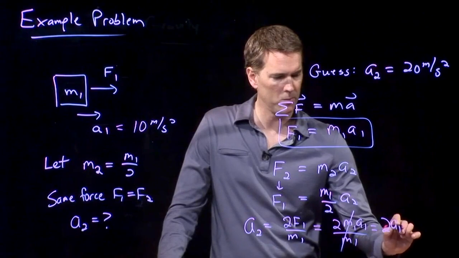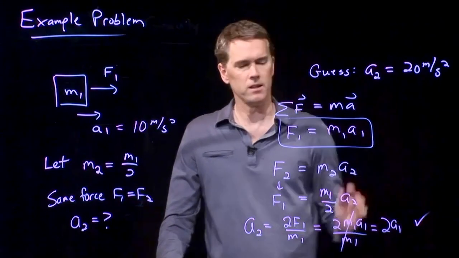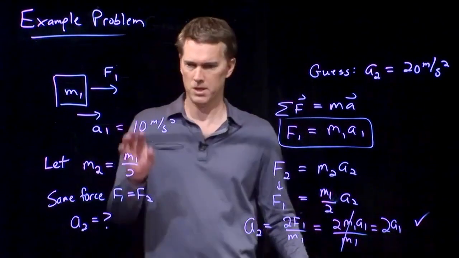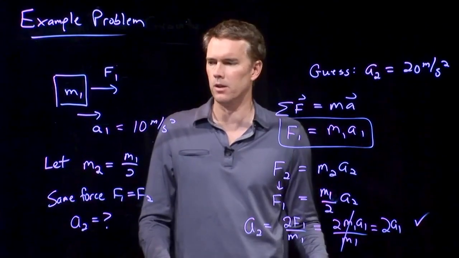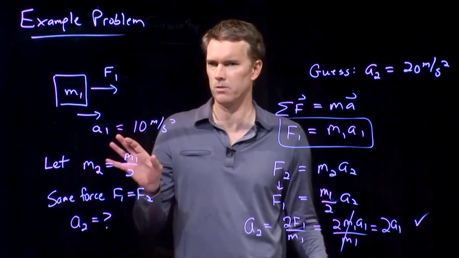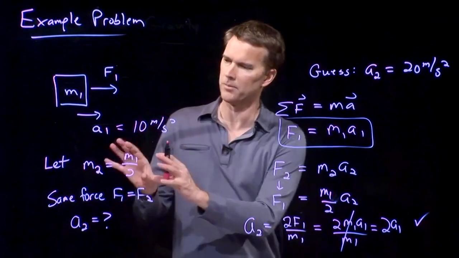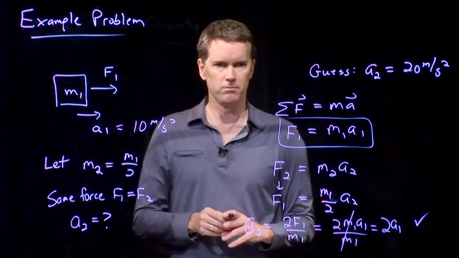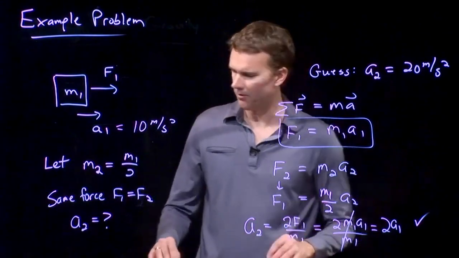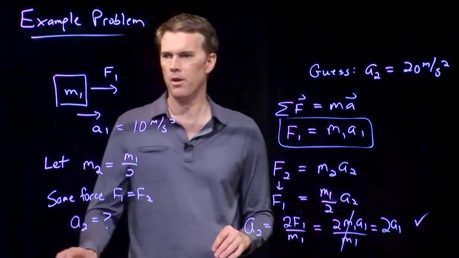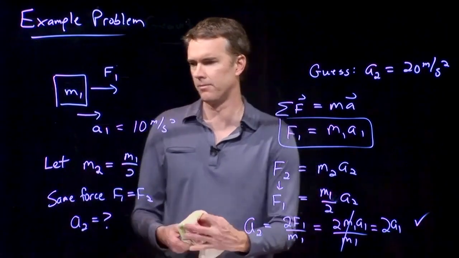I get 2A1, and that is exactly what we guessed. It shouldn't be 10 meters per second squared. It should be 20 meters per second squared. Good. So our guess was right on the money, and our intuition was correct. If you're pushing something lighter, it's going to accelerate much more quickly.